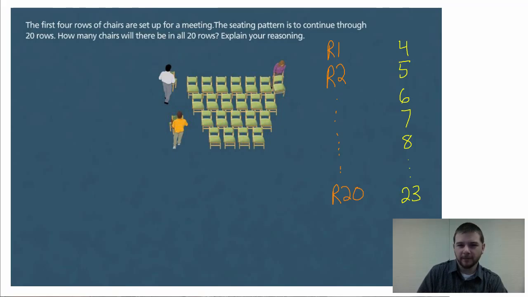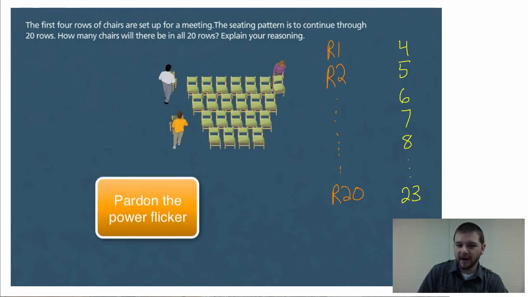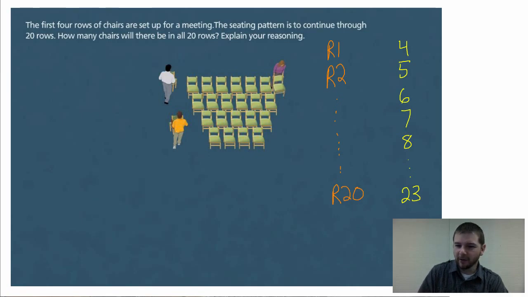The row number is the index value, and we're just adding 3 to the row number. So we're going to have this sequence, 4, 5, 6, 7, 8, all the way up through 20 plus 3, so through 23.